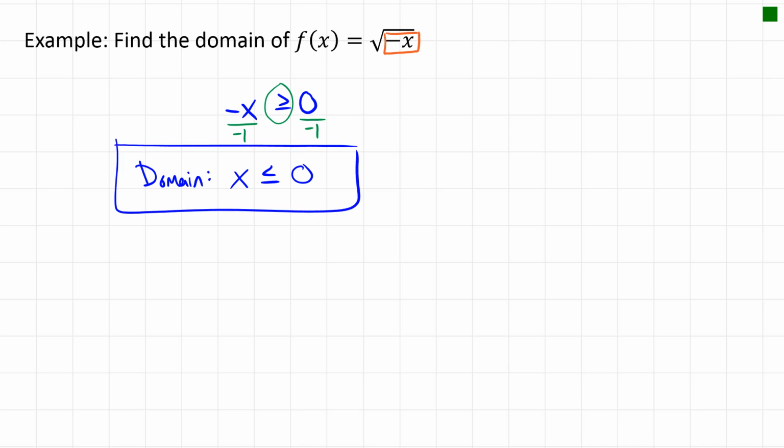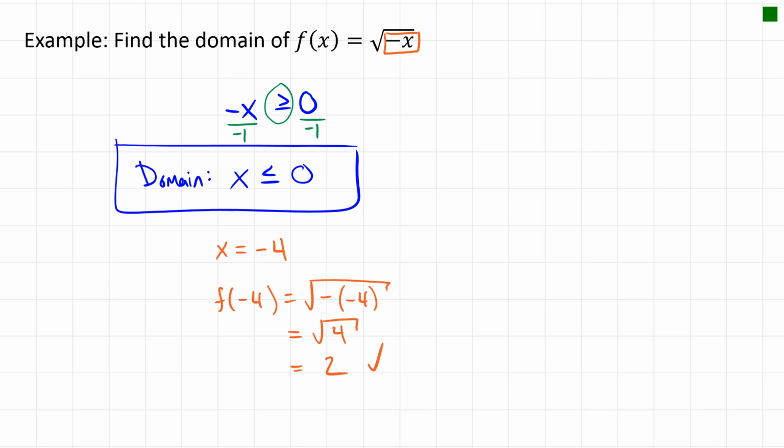And we could test a point that's less than or equal to 0. Like let's try x equals -4. If we were to plug that into f of -4, plug that into the function, we'd have the square root of negative the value of x, which is -4, and those two negatives would cancel and leave you with the square root of +4, which does indeed exist.